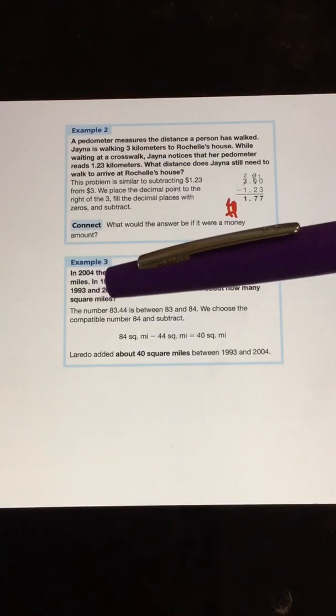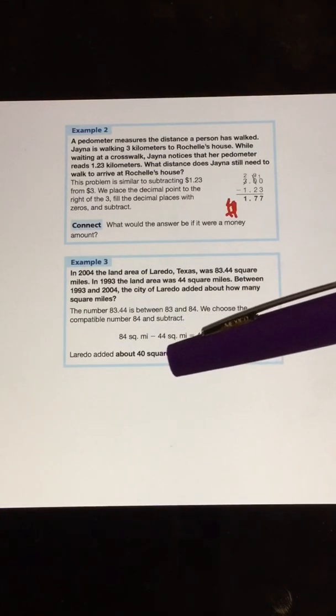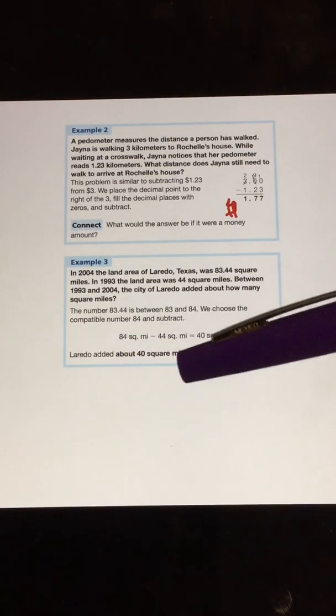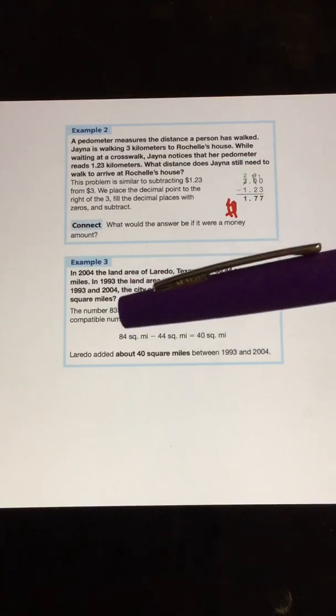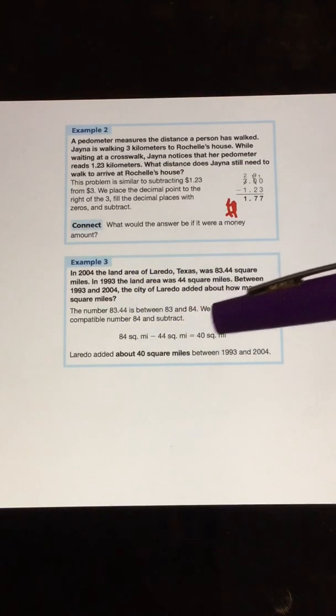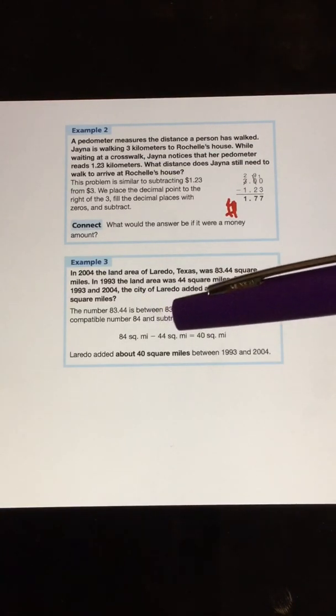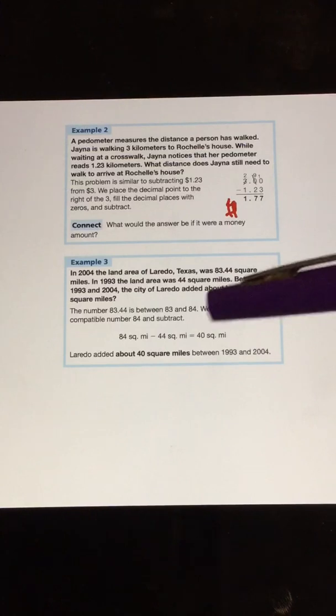I'm going to take my 83.44 and make it a compatible number so that when I subtract the 44 square miles, it is easier for me to do. So I change that to 84 square miles. Since I'm doing estimation, since they asked about how many, and I'm subtracting my 44 square miles, I get 40 square miles. So they added about 40 square miles between 1993 and 2004.